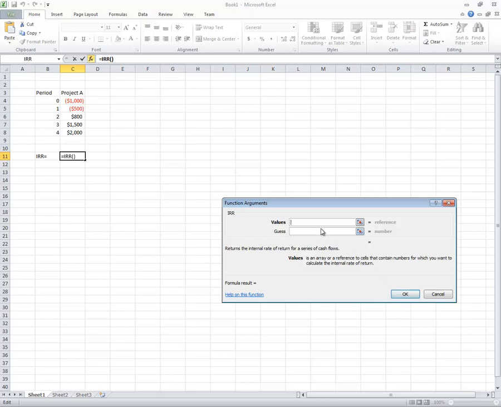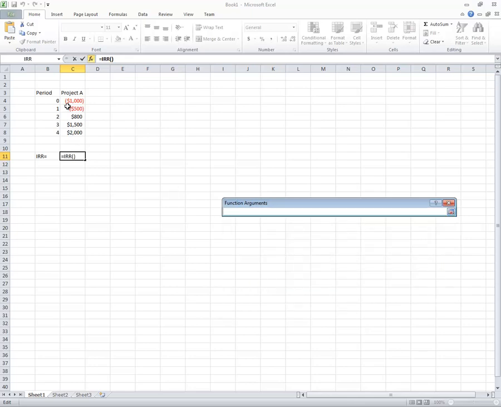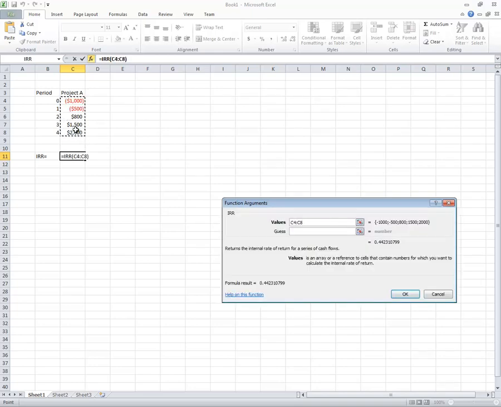the values. So the values is first the range. This is the range that you need, so you can just click on this corner, and once you click it will ask you for the range, and you can just select the range like that and press enter, and it's already been selected.